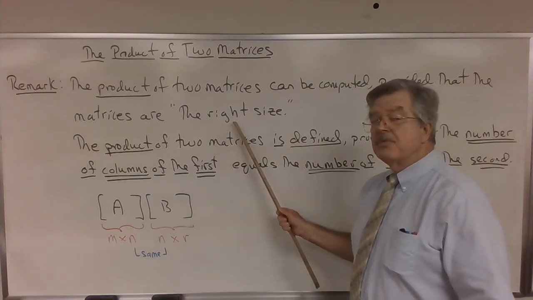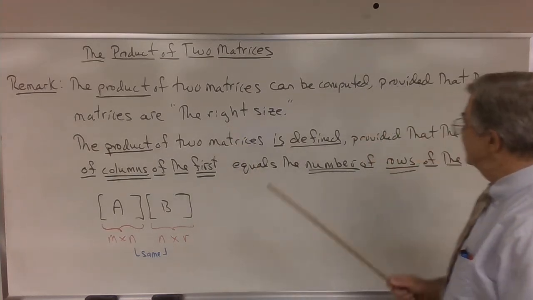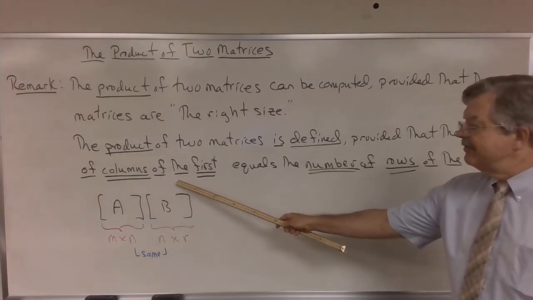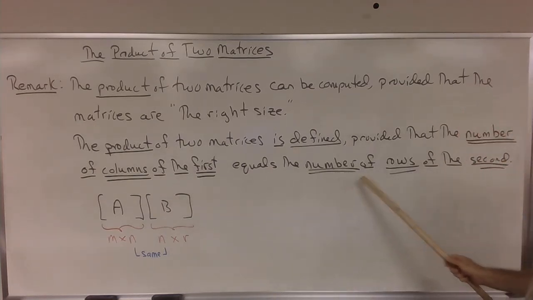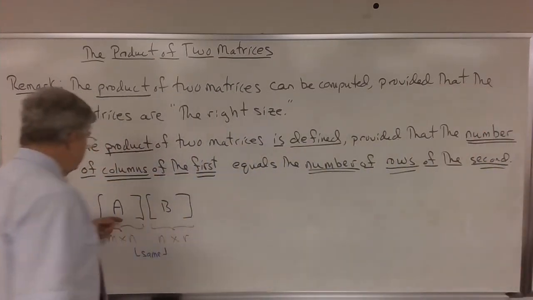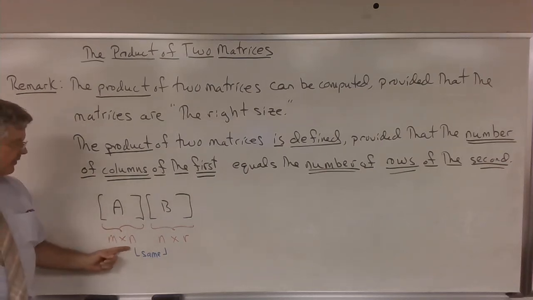They have to be the right size in the sense that the number of columns of the first matrix has to equal the number of rows of the second. Now here's a matrix A, and the size is m by n.